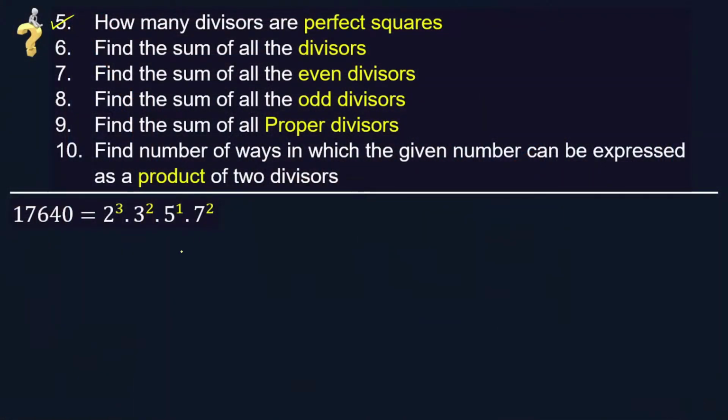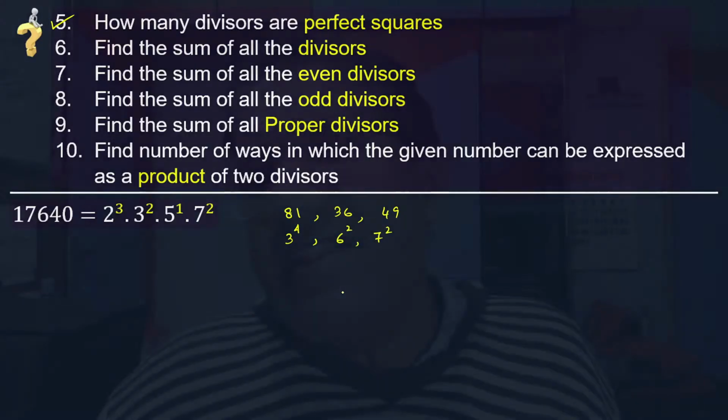So now, before directly getting into the question, let us try to give you a logic. The logic is, for any number which is a perfect square, you choose 81, or you choose 36, or you choose 49, whatever, you always see that the exponent is always an even number.